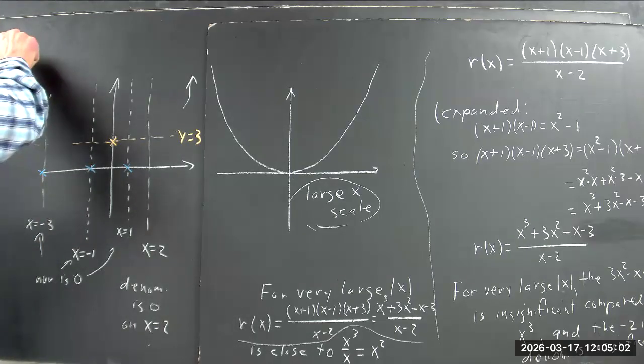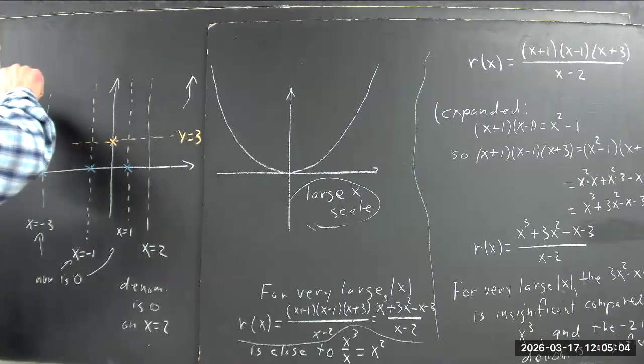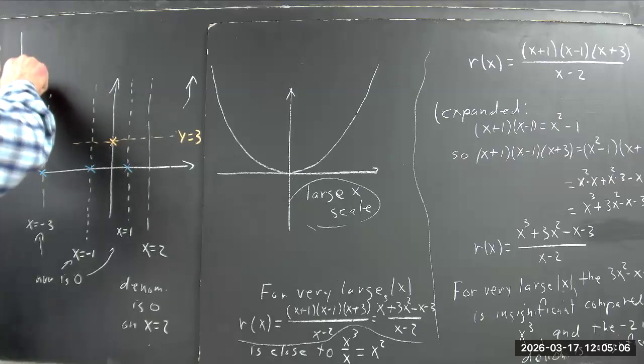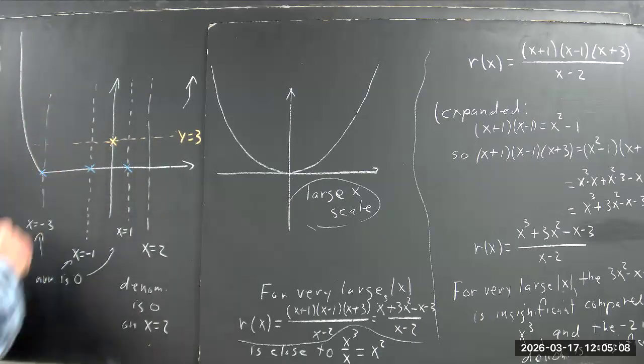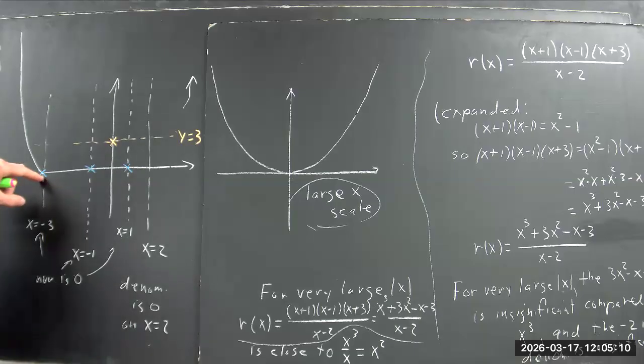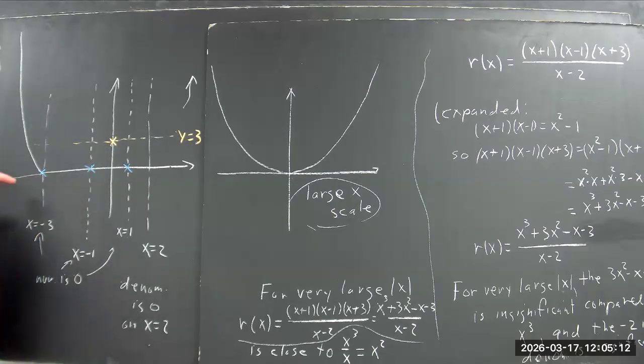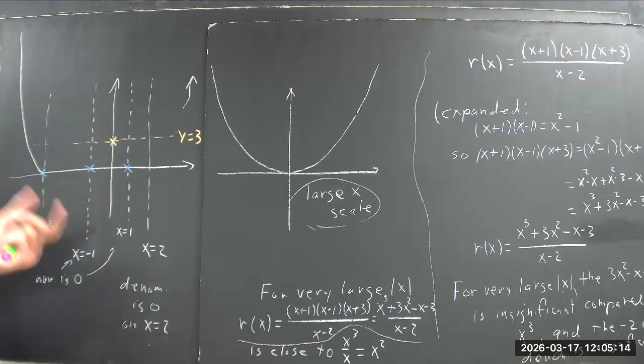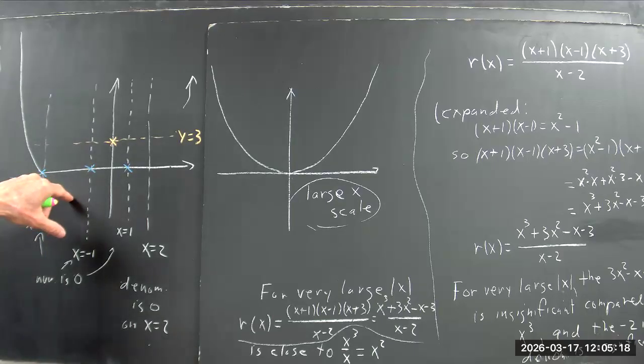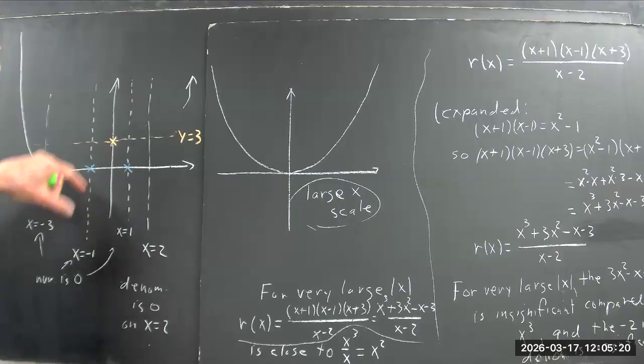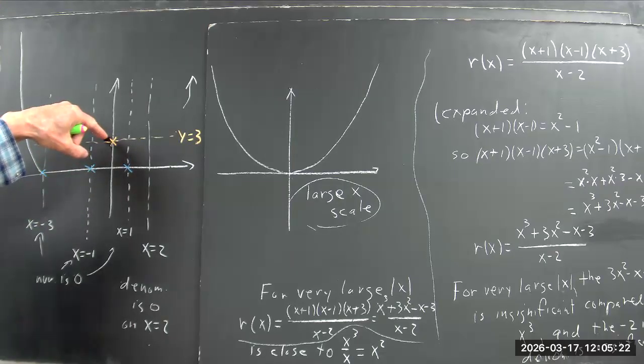So now we come down from here. We go down, and we hit this first 0 at x equals negative 3. Now we can't hit 0 again, and we're below the x-axis. How are we going to get up to the y-intercept at y equals 3?